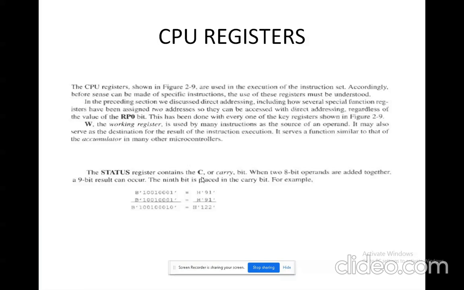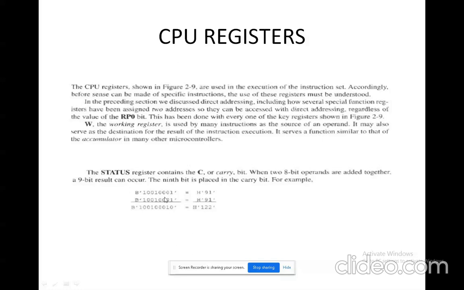Here they have given an example where two 8-bit operands are added together. That is 10010001, and the same bits are repeated for the second 8-bit operand. These two are going to be added. When you add, you will have the remainder 1.